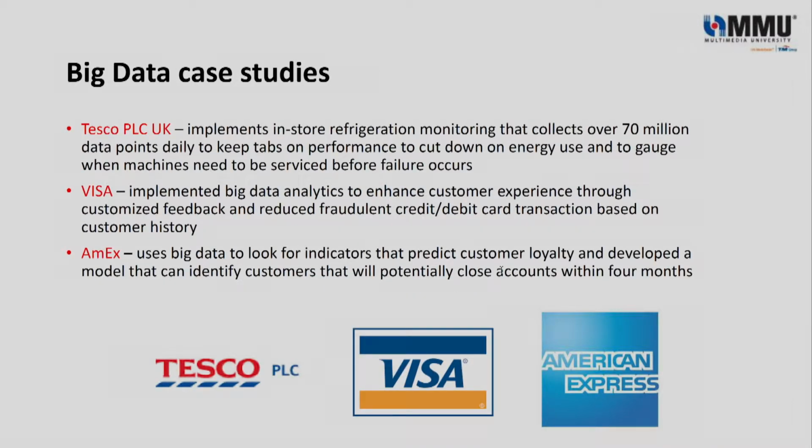So we look at some big data case studies. If you take a look at Tesco UK, they have placed sensors on their refrigeration units in almost all their stores. From these sensors, they are able to use the data generated to reduce power usage and to save costs.